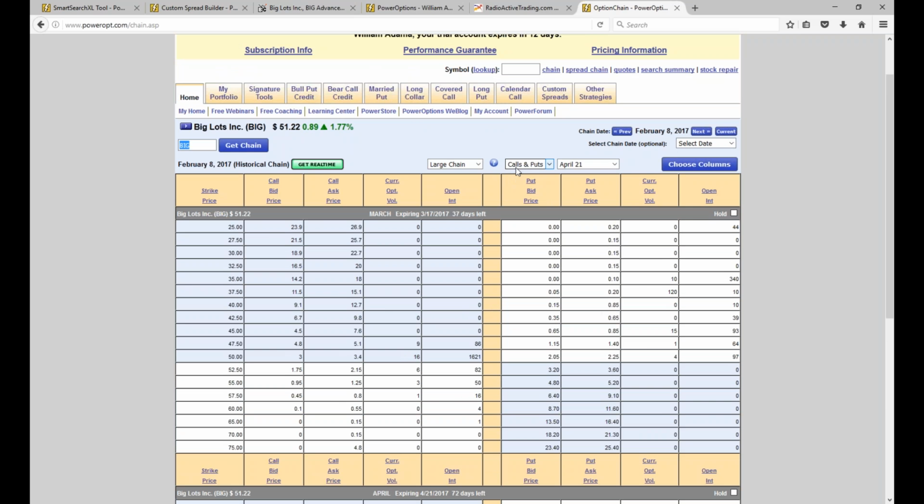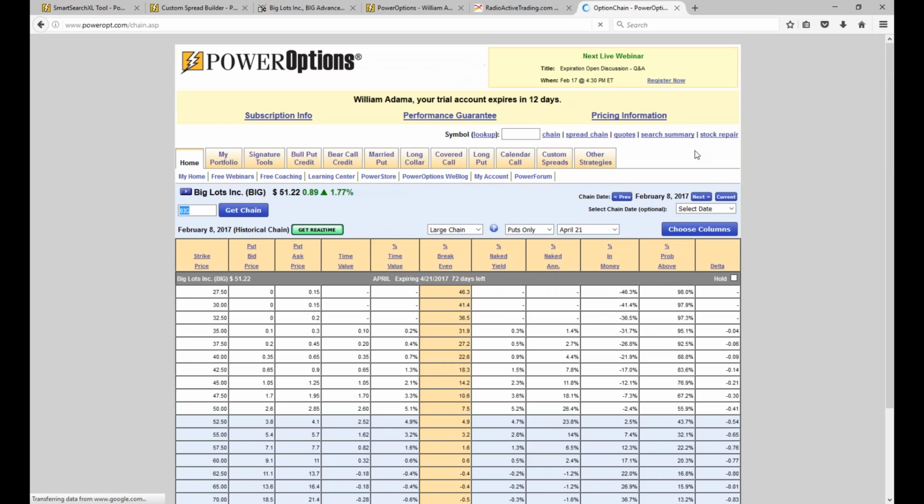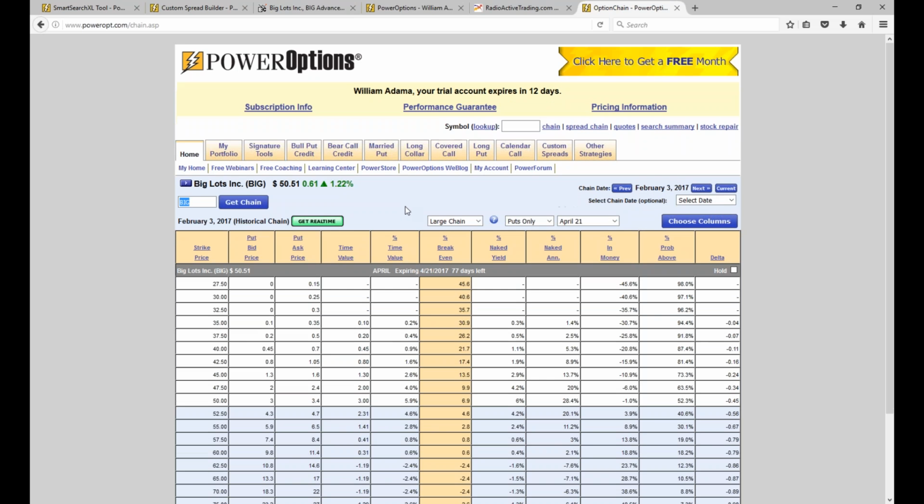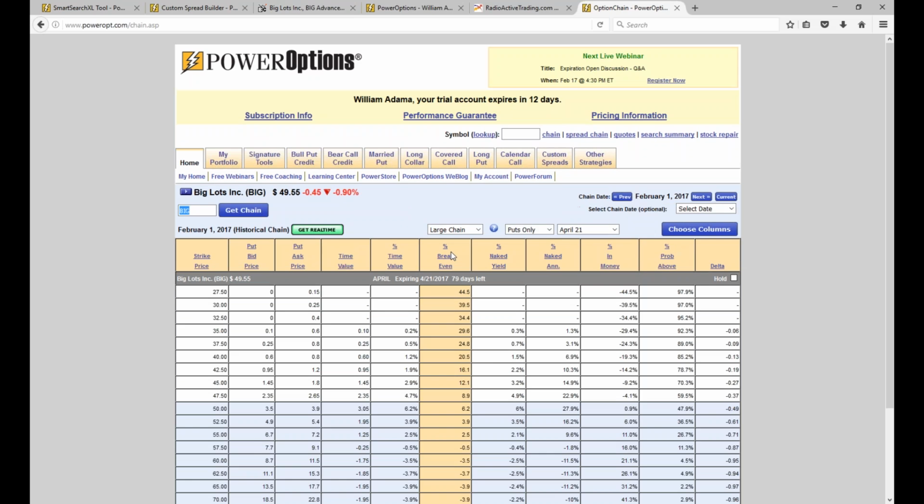It's 10 days ago. I just want to look at the put chain. And we're going to keep with July. Let's go back to the 3rd. Let's go back a little further. I might even go back to January, but let me check. There we go. Okay.